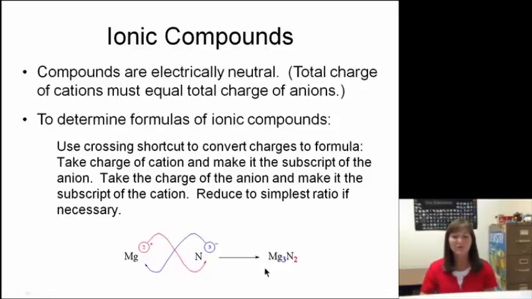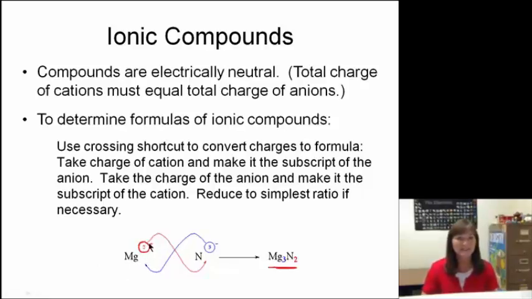So when you go to write your ionic formulas, I recommend that you always take the time to write your ions first. That's where a lot of students make mistakes. They want to go directly from the name to the formula. And I'm really going to stress, take the time to write your cation and your anion, because then you're set up to do this crossing method. Something to notice is you're just bringing down the number. You ignore the charge. Don't bring the plus or the negative down.